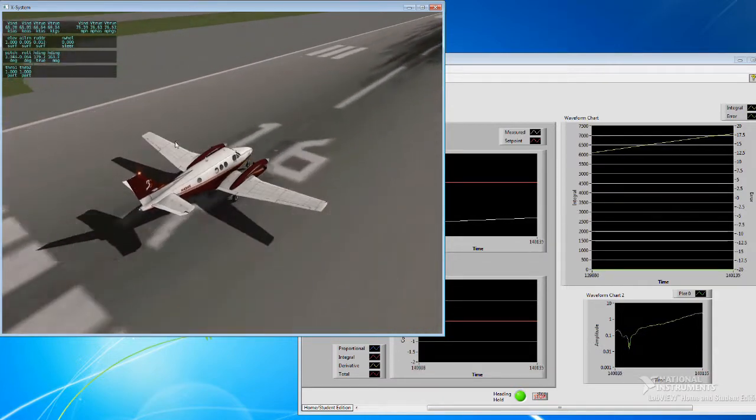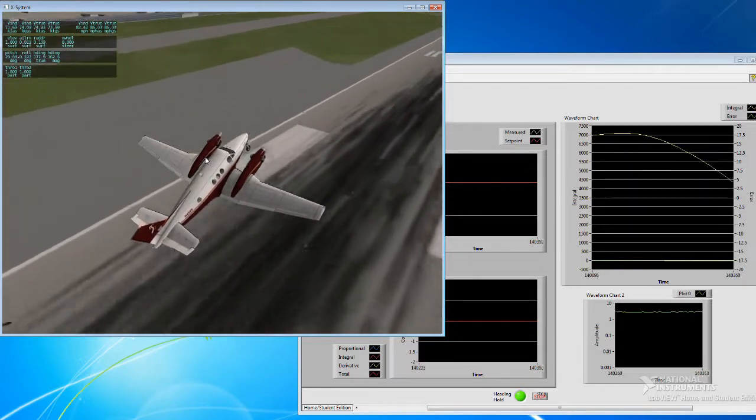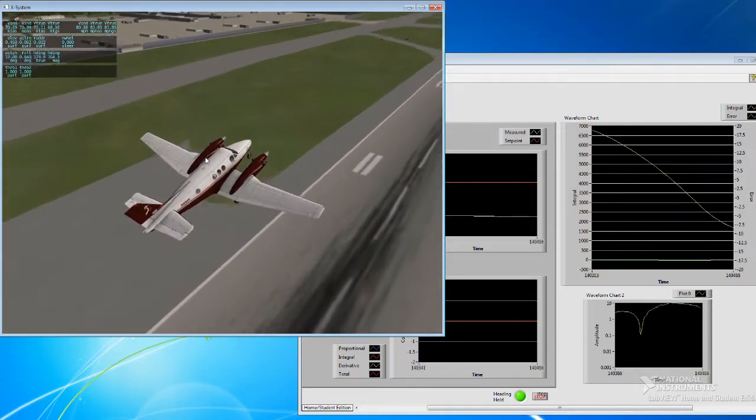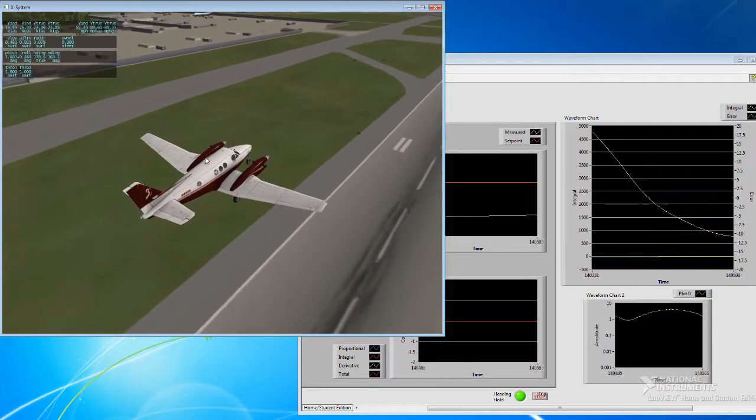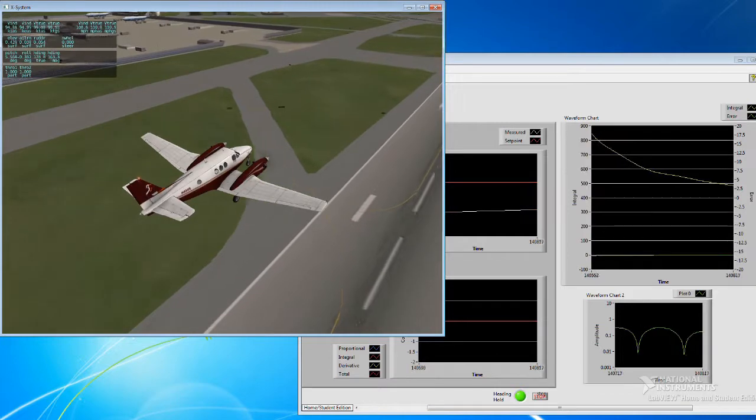So once again, the aircraft's trying to pitch up as hard as it can. And that's actually not as bad as I expected.